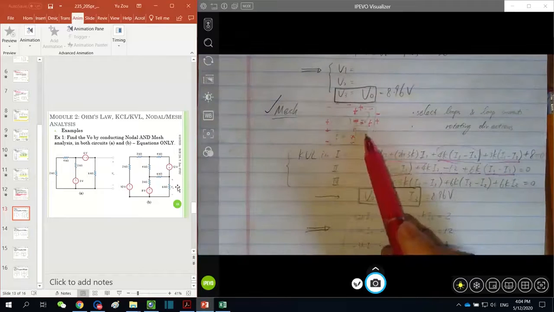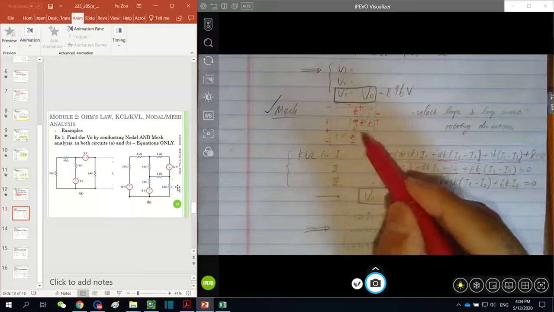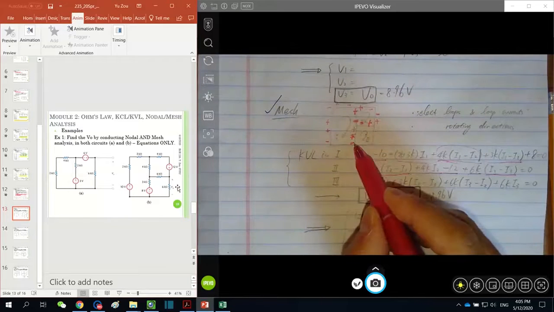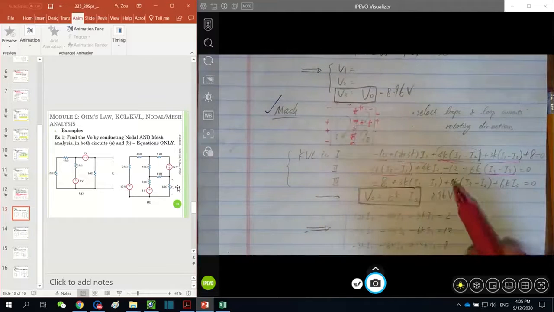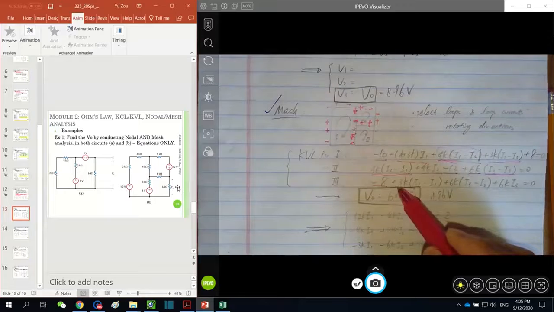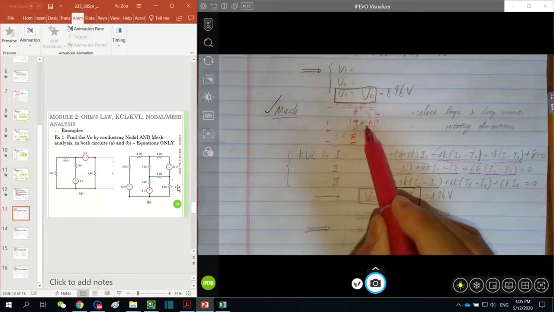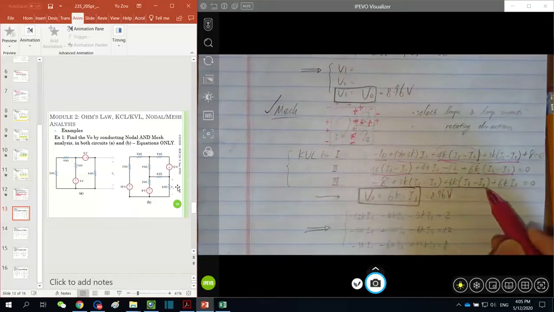Loop 3 down here. If you follow the polarity we have established from the previous equation, you should see negative 8 minus 3K times (I1 minus I3), which is equivalent to positive 3K times (I3 minus I1), minus 6 kilo times (I2 minus I3), which is equivalent to 6K times (I3 minus I2).